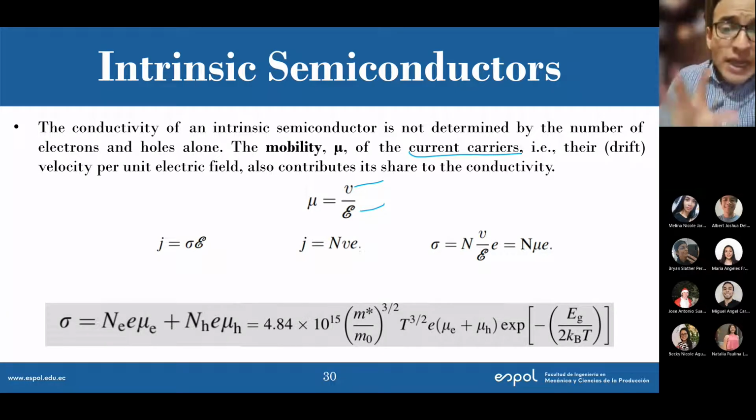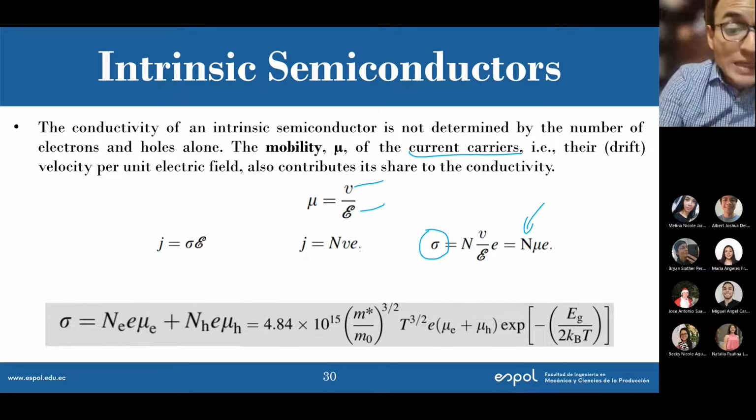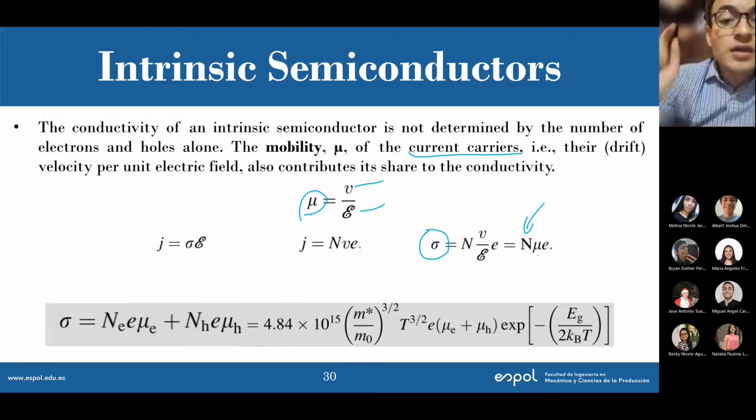So in general, and this will be the key equation, the conductivity in a semiconductor, and we'll see that this doesn't only apply to semiconductors, equals the population density, or the number of electrons and holes in this case, that's N, times the mobility, that's mu, and times the charge, right?